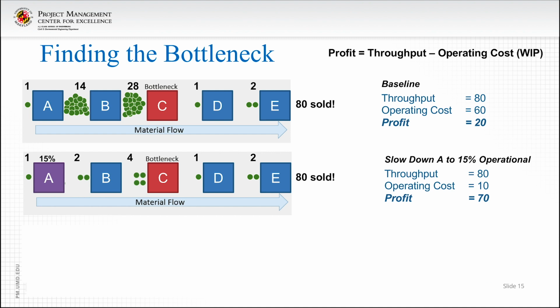Just by reducing the effectiveness of A, we've actually lowered the total cost down from 60 items that are work in progress to only 10 items that are work in progress.